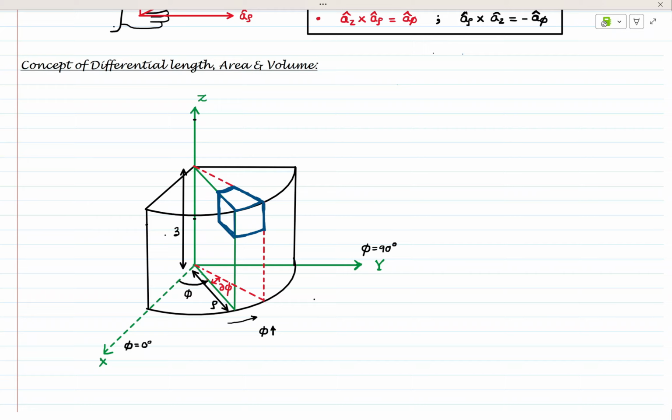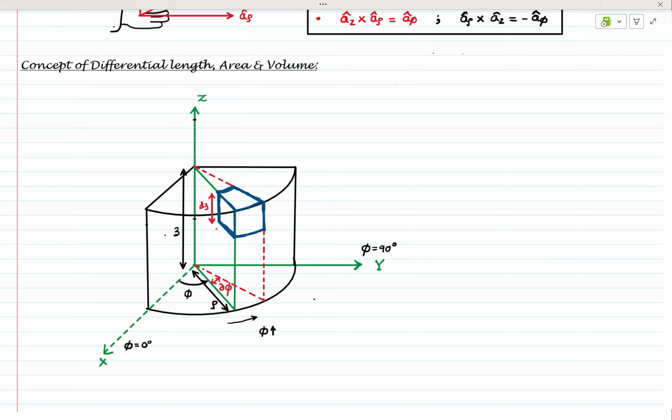If this total angle is phi, then this small angle can be considered as d phi. Not only that, if this total height is z, then this small height can be considered as dz. So this is dz and this is d phi.